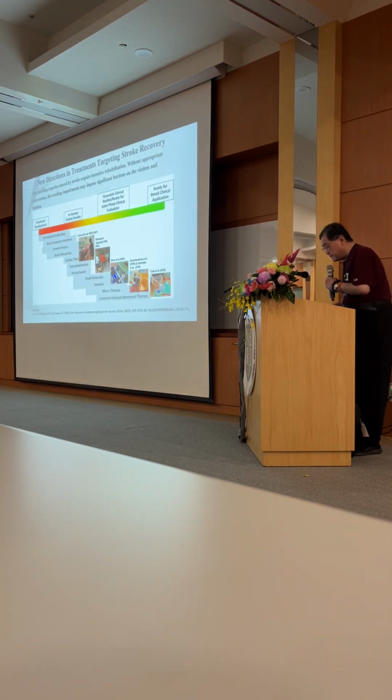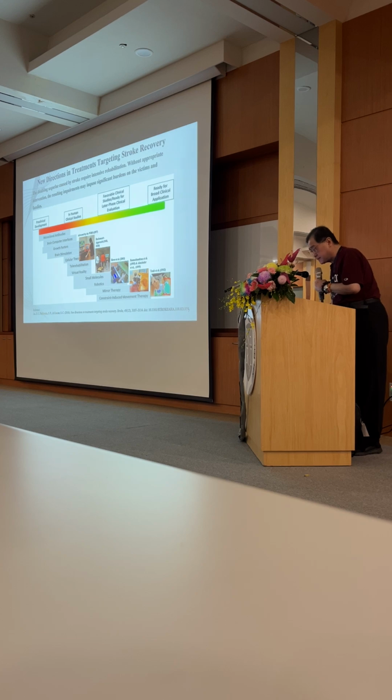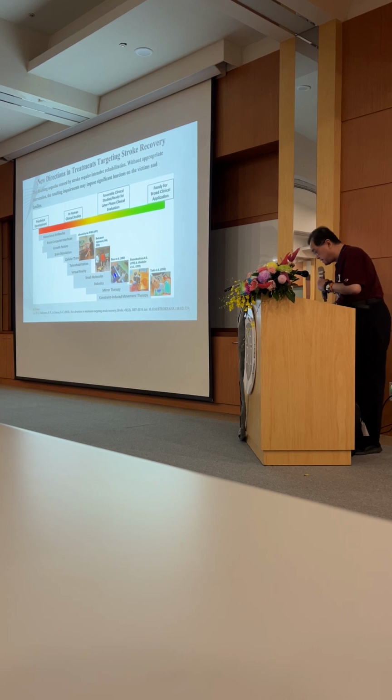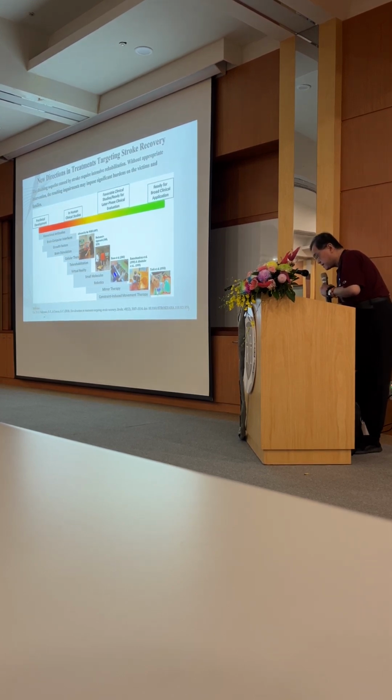David Lin at Harvard University and Stephen Kramer at UCLA and their colleagues have proposed several new directions for treatments targeting stroke recovery since 2018. For example, Edward Taub established constraint-induced therapy, also called forced-use therapy, in 1993.